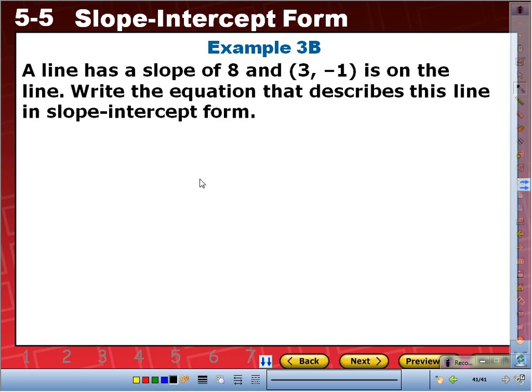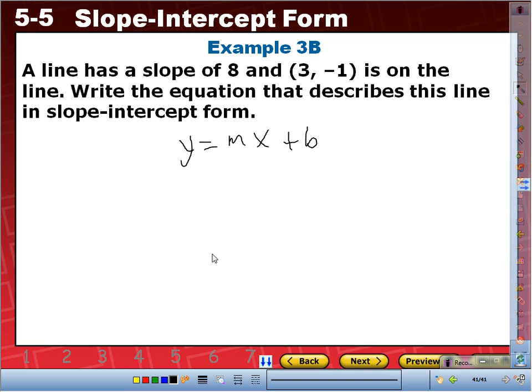Lucy. Very good. You write your form. y equals mx plus b.